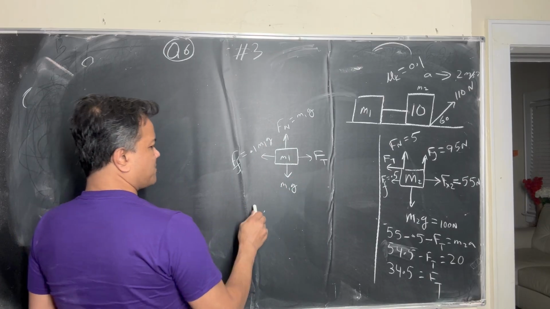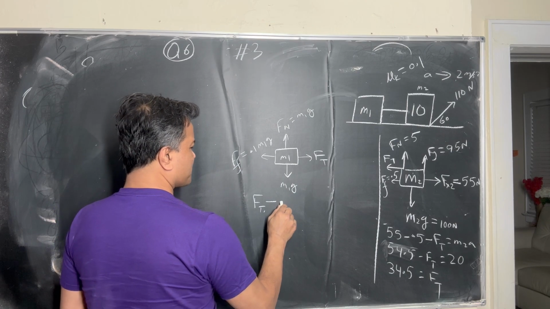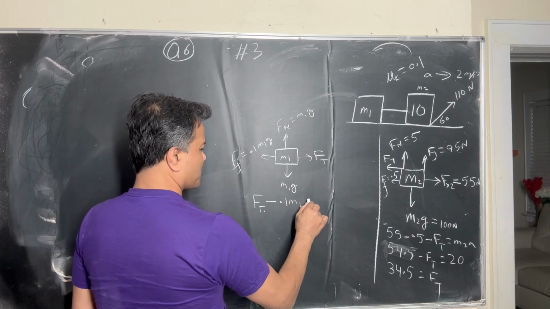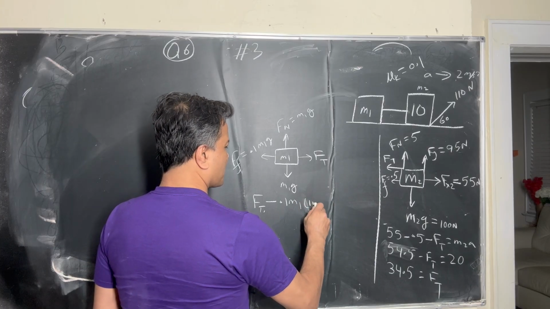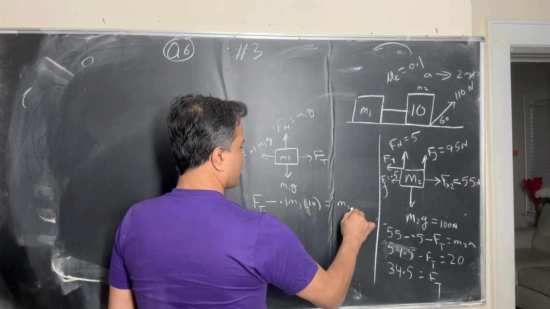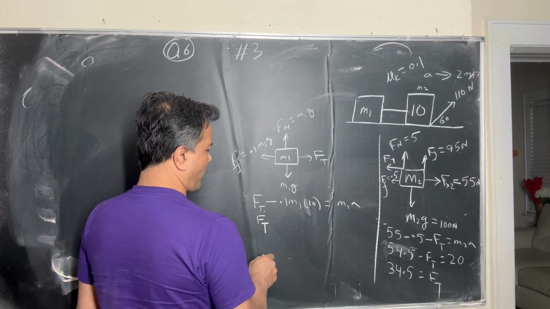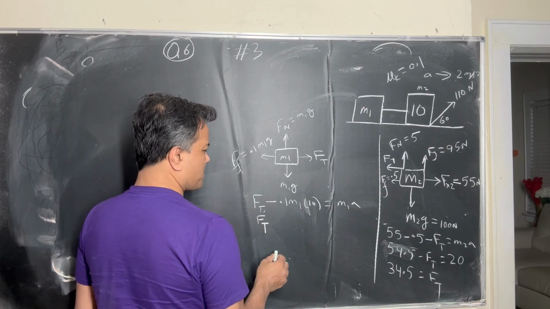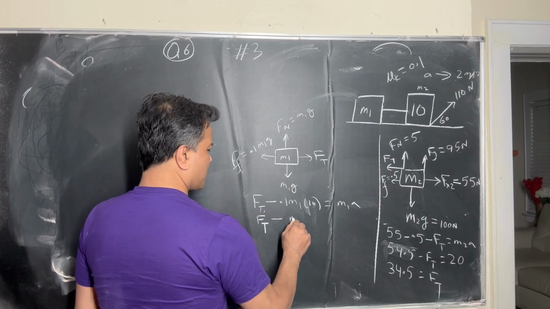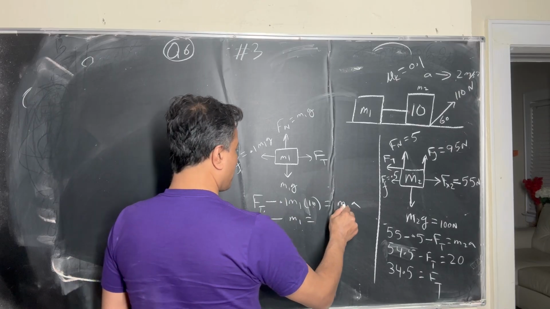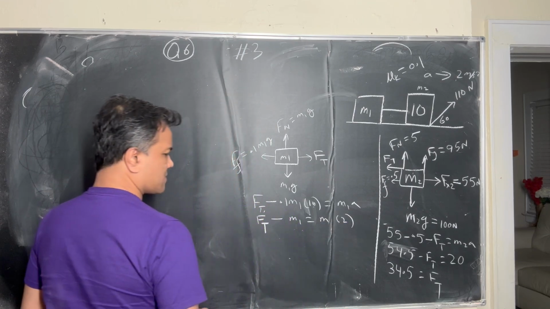You're going to write Ft minus 0.1 m1g, which is 10 actually, equal to m1a. So Ft is equal to 10 times 0.1 is 1, so m1 is equal to m1. We don't know, but we know the acceleration.